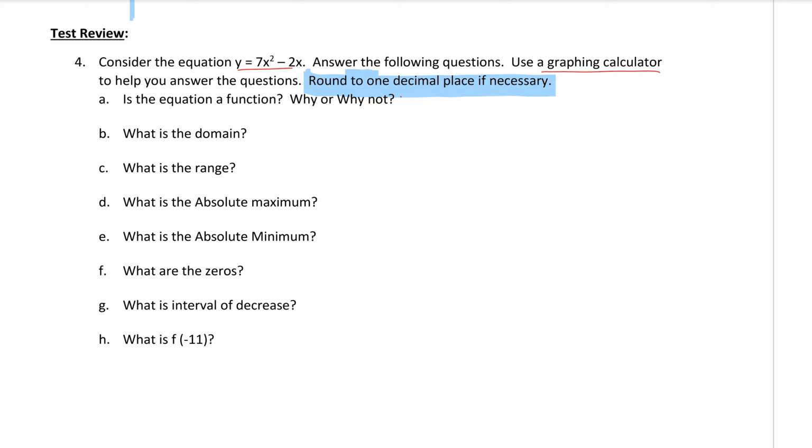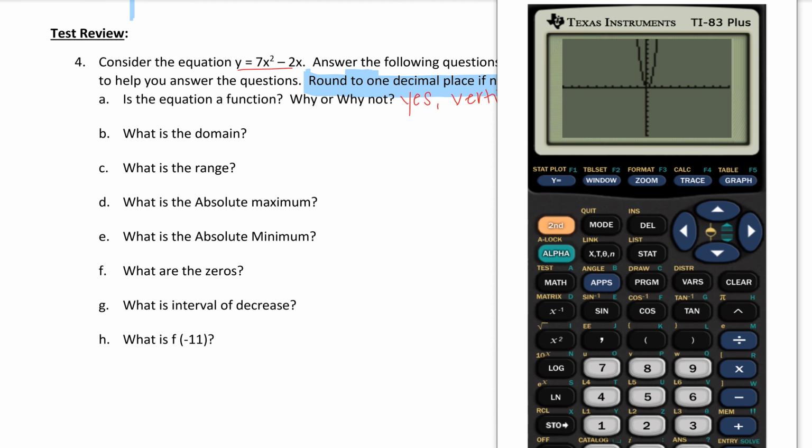So we say yes. It says why or why not. Well, we know why, because we did a vertical line test, meaning we took our graph and we drew our vertical lines, and it only went through once each time.